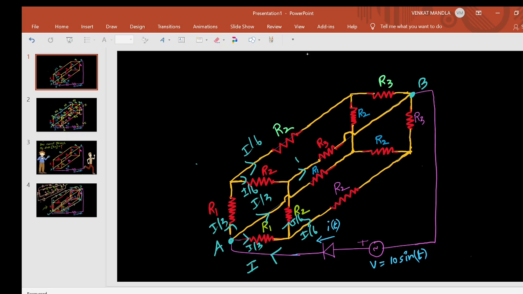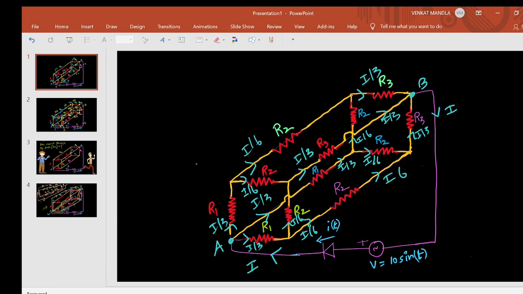These two I by 6 add, you will get I by 3 here. Now here I by 3, this is I by 6, this is I by 6, this is I by 6. Here I by 3, this is I by 6, this is I by 3, this is I. This is how we have to distribute the current.